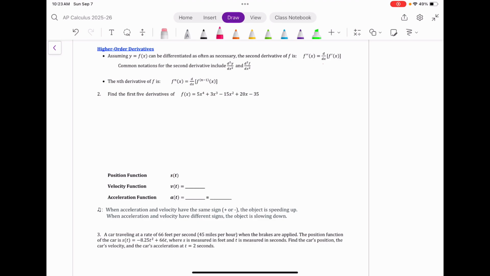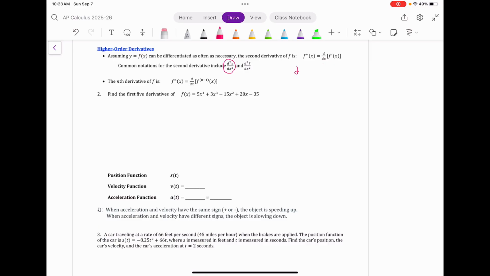All right, here we're going to talk about higher order derivatives. So if you wanted to find the second derivative, its notation is commonly f double prime of x. And so the way you find the second derivative is you take the derivative with respect to x of the first derivative, okay? And so some other common notations of the second derivative are d2y over dx squared.